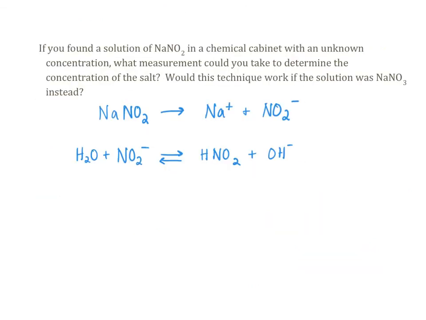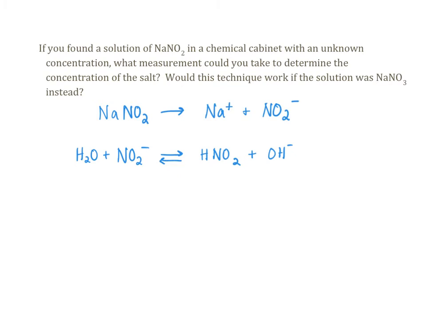So this says, if you found a solution of sodium nitrite in a chemical cabinet with an unknown concentration, what measurement could you take to determine the concentration of the salt? Would this technique work if the solution was sodium nitrate instead of nitrite? So I've got copied down here the equations that we wrote on the previous slide.